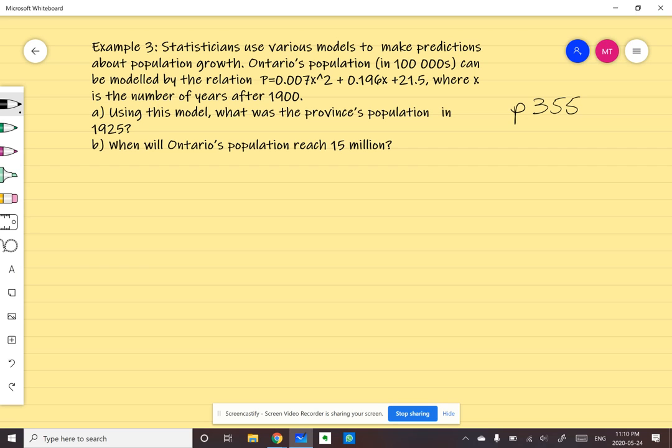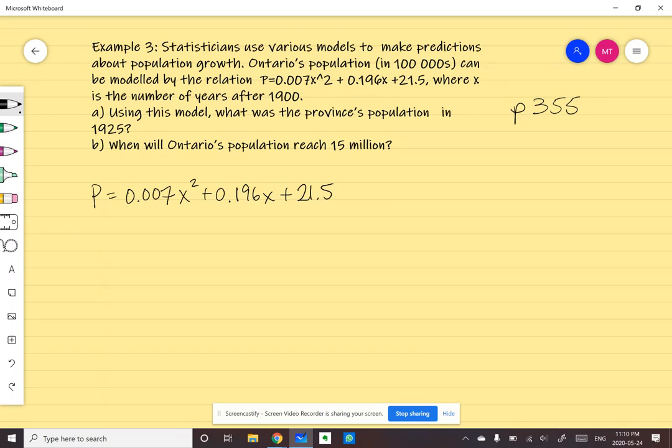This is example 3 on page 355. Statisticians use various models to make predictions about population growth. Ontario's population in 100,000s can be modeled by the relation P equals 0.007x squared plus 0.196x plus 21.5, where x is the number of years after 1900.